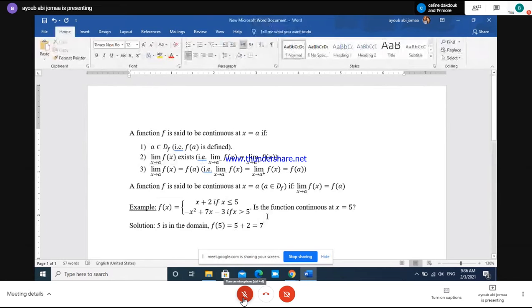Now let's find the limit. Limit from the left and limit from the right.